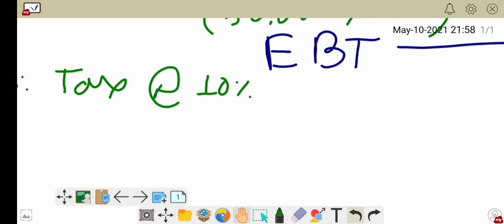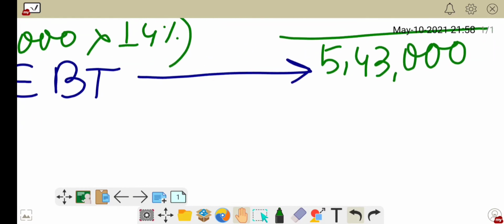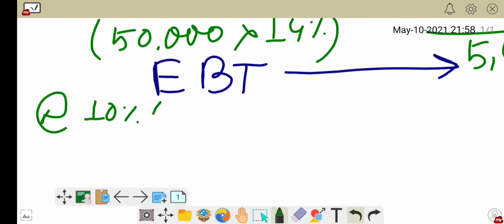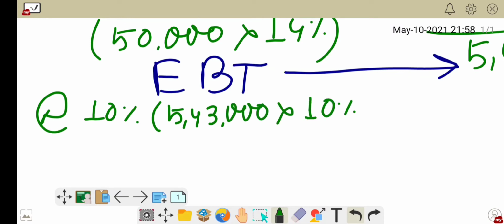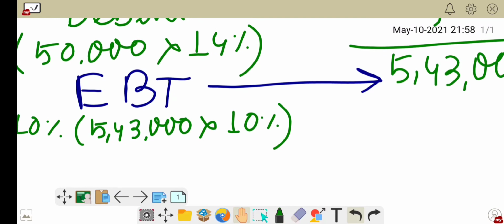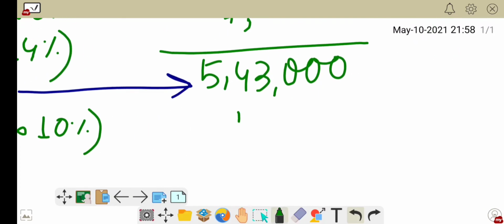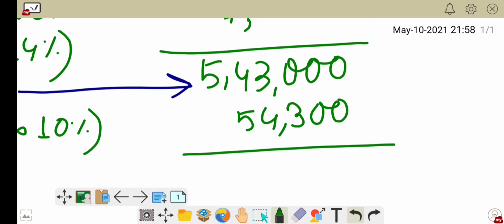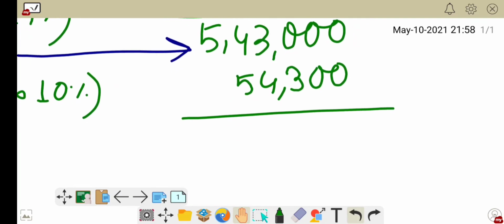So from 5,43,000 we'll deduct 10%. 5,43,000 into 10% is 54,300. So from 5,43,000, that will leave 4,88,700.